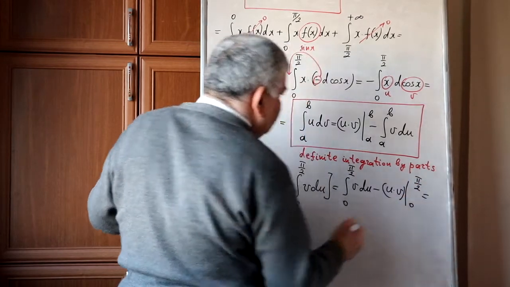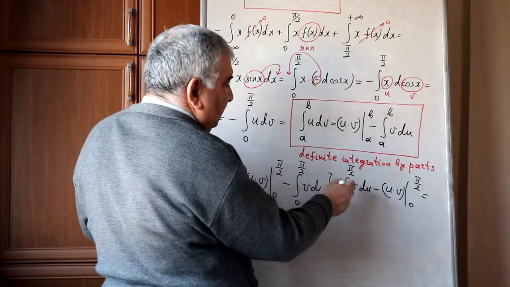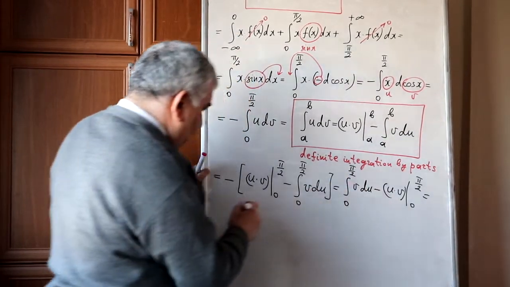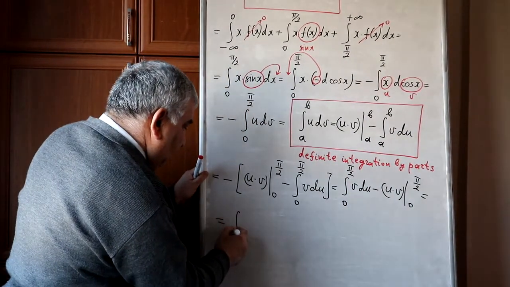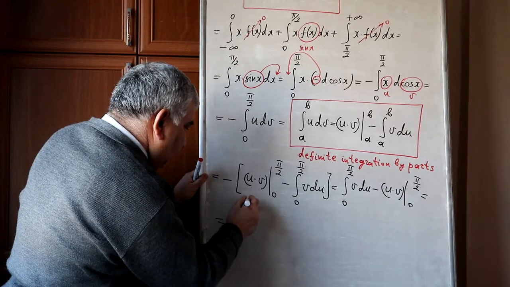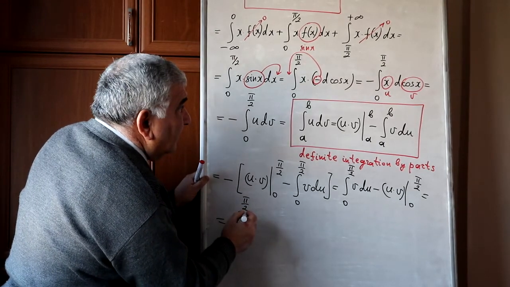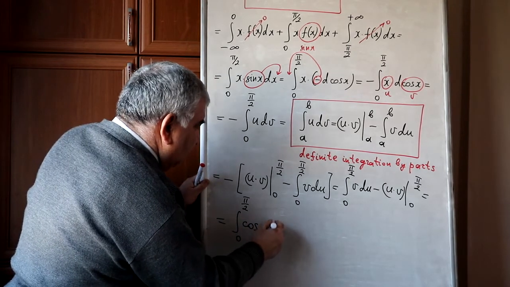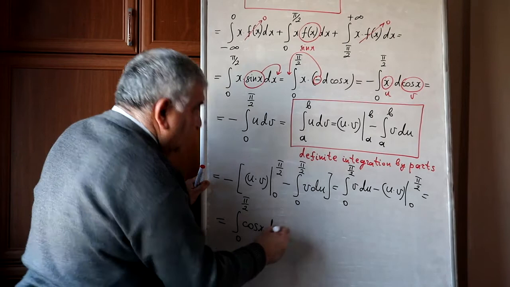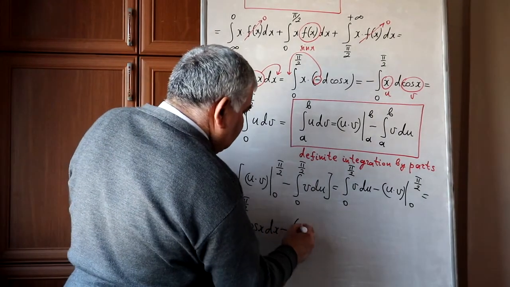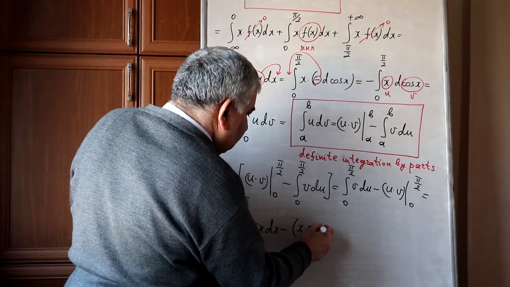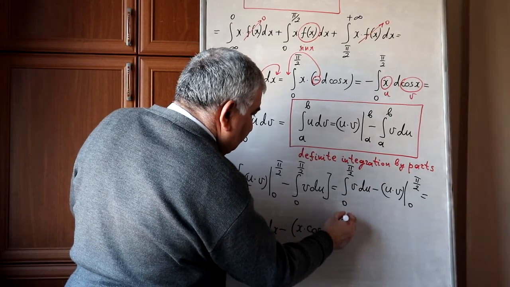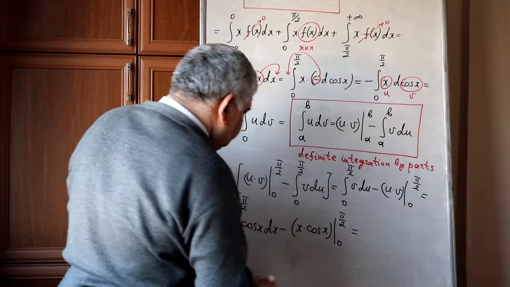Then substitute x instead of u and cosine x instead of v. Integral from 0 to pi in half of cosine x dx minus x multiplied by cosine x from 0 to pi in half equals.